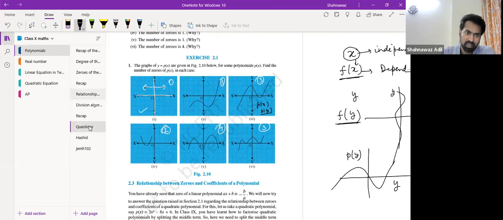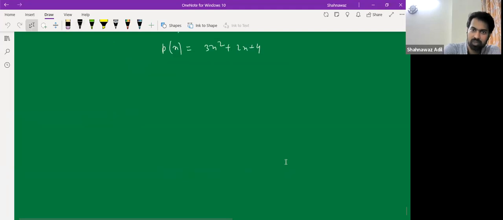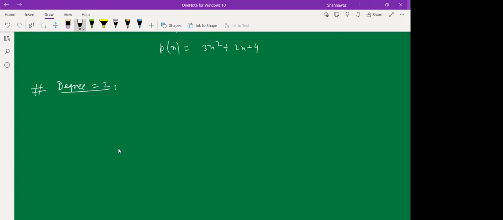So let us understand the concept first. Let's say we have a degree 2 polynomial. What is that polynomial? The quadratic one.